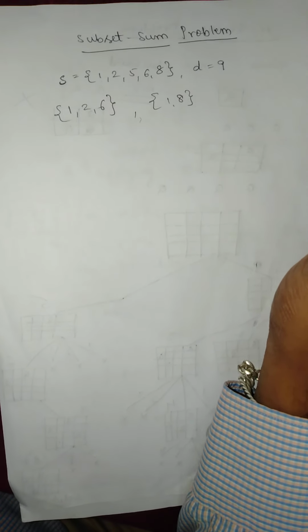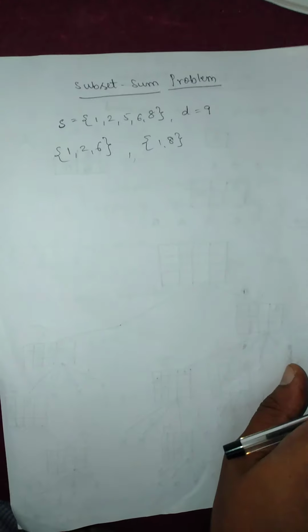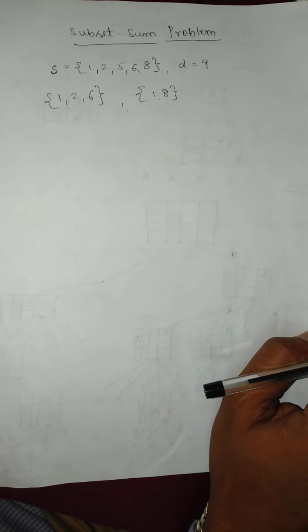This subset sum problem can be solved easily by applying backtracking, and we have to construct a state space tree. So how we can solve it using backtracking, we shall see.